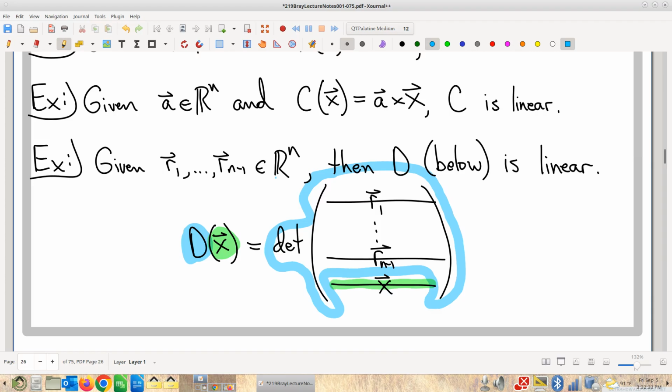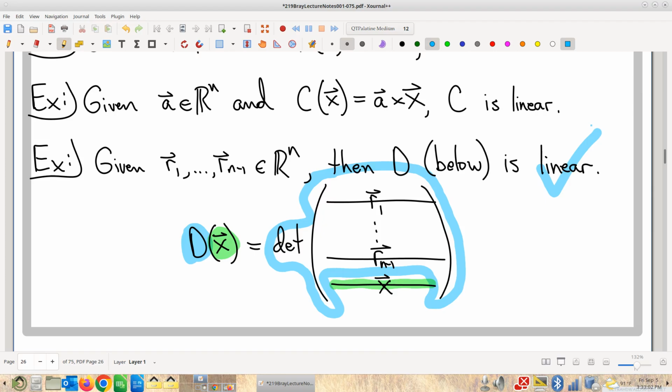So this function called D is linear. You might say one vector at a time, like one row at a time. If you think of everything else as fixed, one row at a time, it's the determinant with the understanding that you're not changing most of the matrix, you're only changing one row at a time.